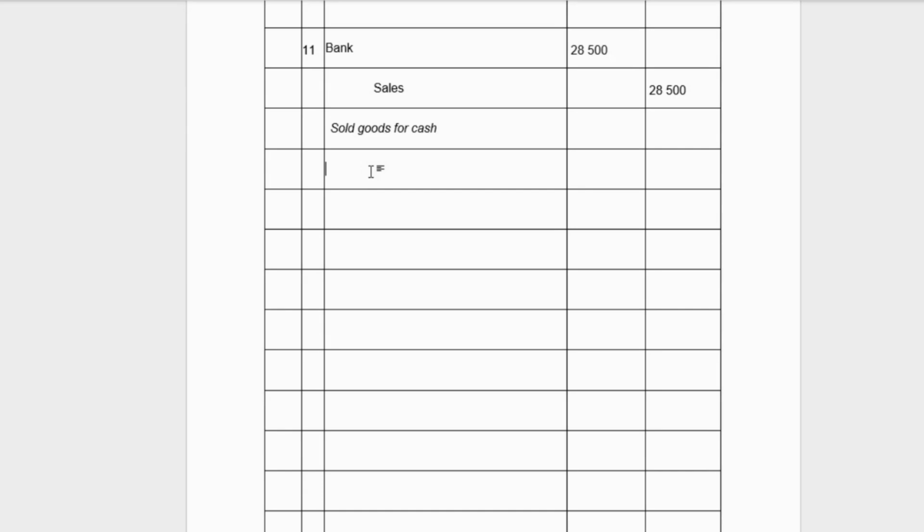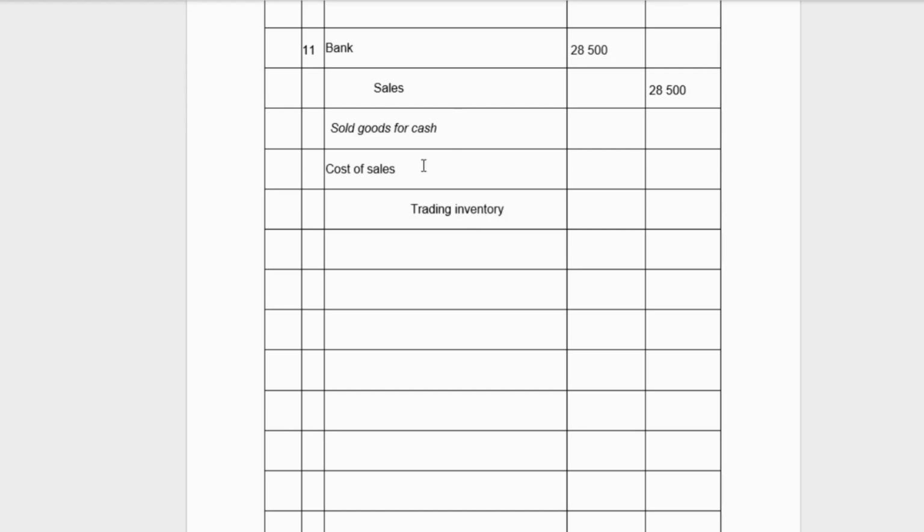When we account for this, we are going to debit our cost of sales, and then we are going to credit our inventory because there's a decrease in our inventory. When we sell, the goods are going out to the customer, right? So there's a decrease in inventory. So we're going to credit our trading inventory, okay?